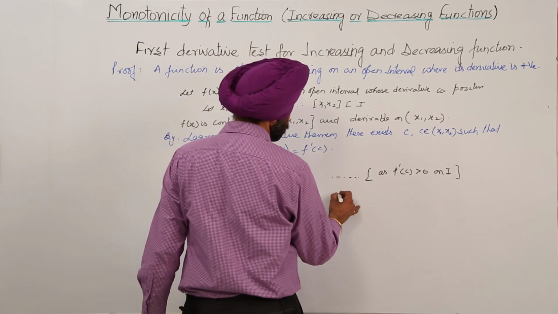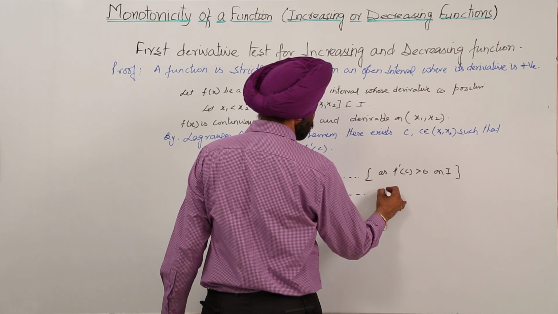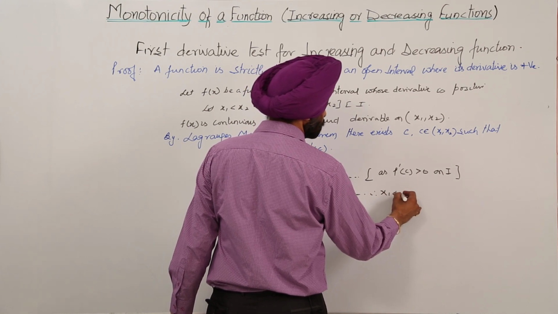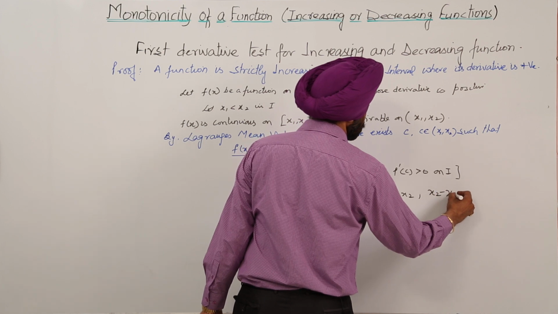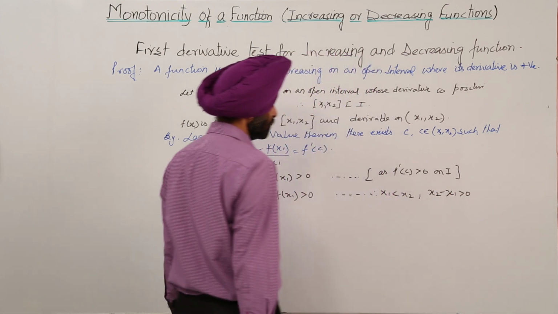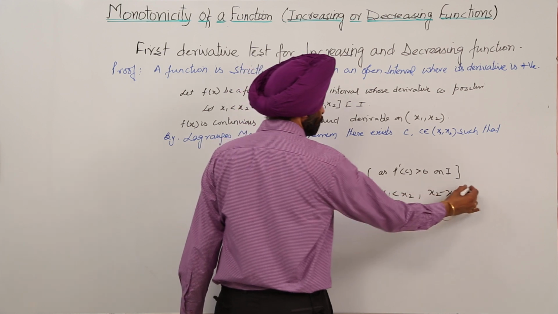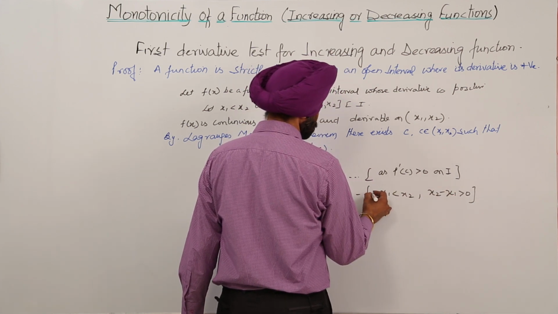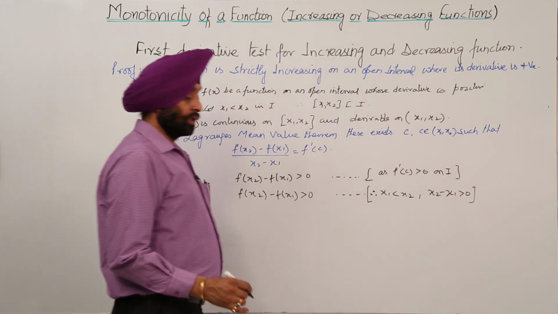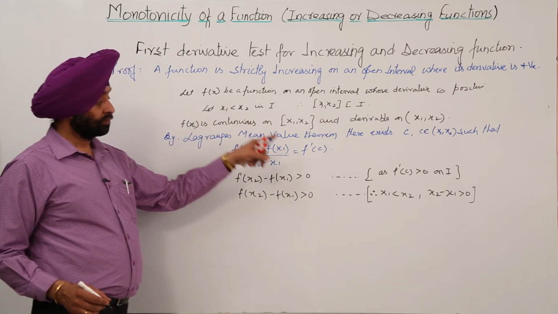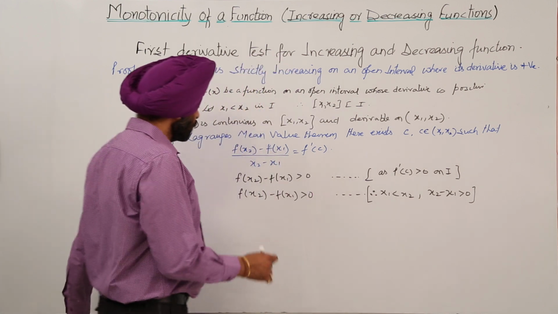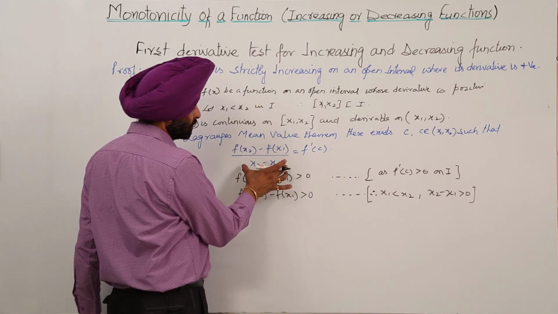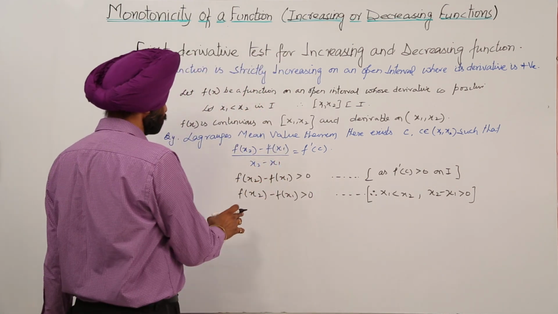Okay. Now what we are having here? We are having x1 is less than x2, or we can write it x2 minus x1 is greater than 0. Okay. Next thing, x1 is less than x2, then from this part we can write x2 minus x1 is greater than 0. It means this is also greater than 0, this is also greater than 0. Okay.